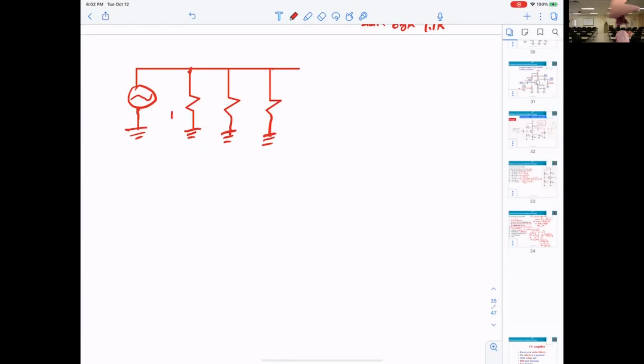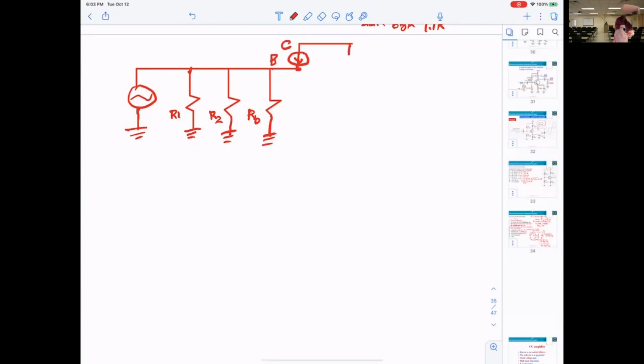R1, R2, RB. This is the base here. This is the base, and this is the collector.